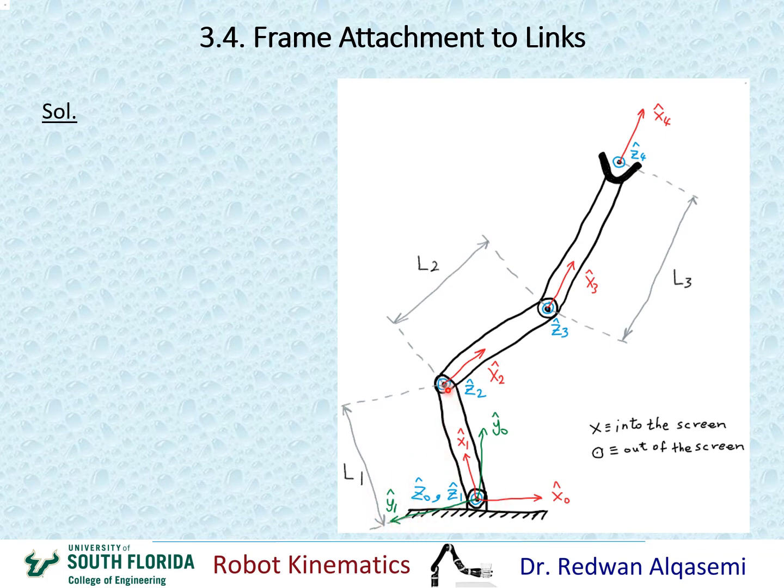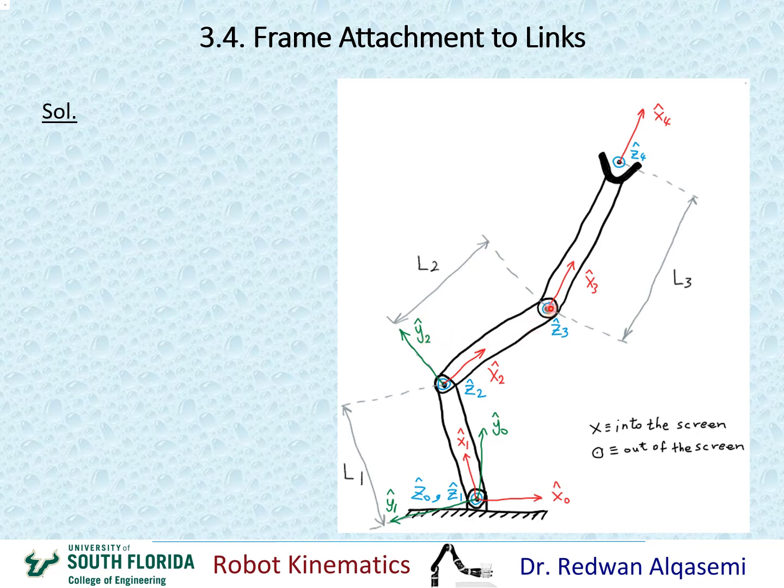For y2, again, I'll be pointing my thumb towards z2. z2 is coming out of the screen, so my thumb is coming out of the screen. And then my 4 fingers are pointing towards x2, this direction. Now if I move my 4 fingers by 90 degrees, that would take me in this direction, and that would be the direction for y2. So I'm going to go ahead and draw it. That would be my y2.